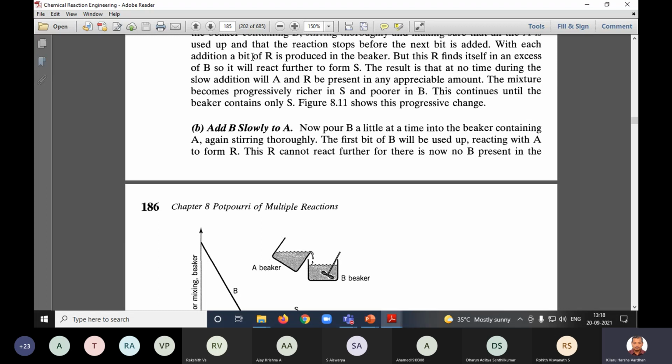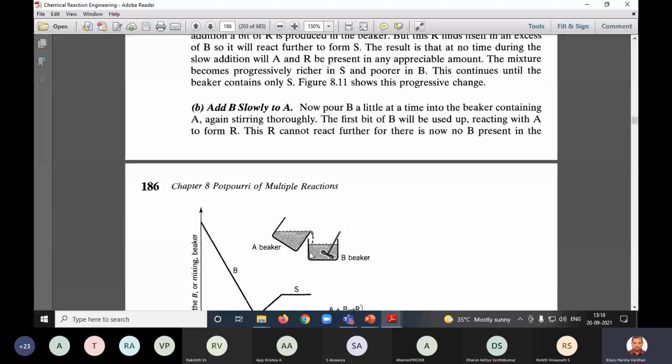With each addition, a bit of R is formed inside the beaker, but this R finds itself in excess of B, so it reacts further to give you S. The result is that at no time during the slow addition of A will R be present. There is no R present because the moment R is formed, it is in excess of B, therefore it reacts to give you S.